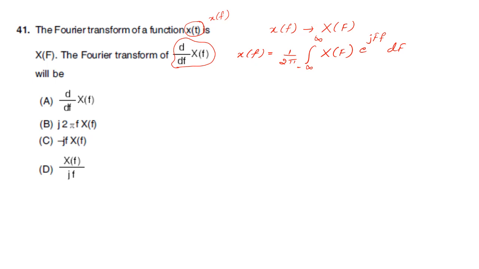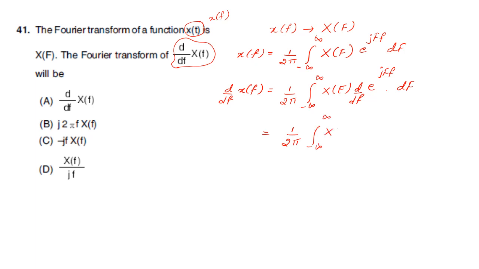Then consider d by df of x of t, that is 1 upon 2 pi minus infinity to infinity X of f d by df e raised to j omega t df.